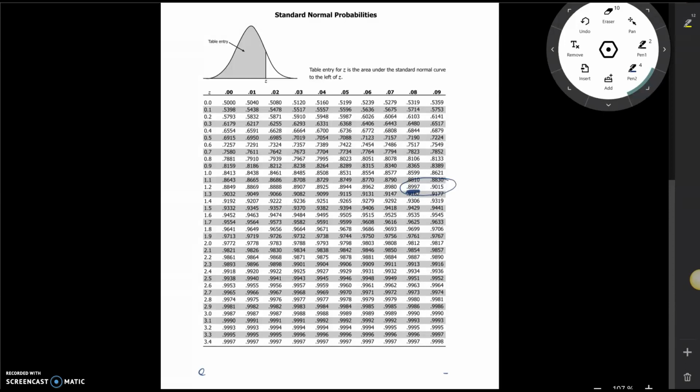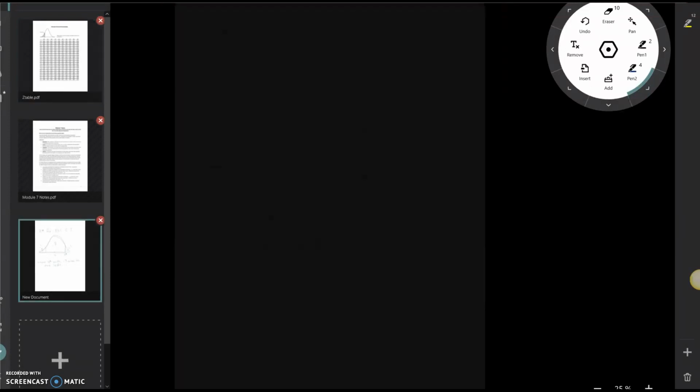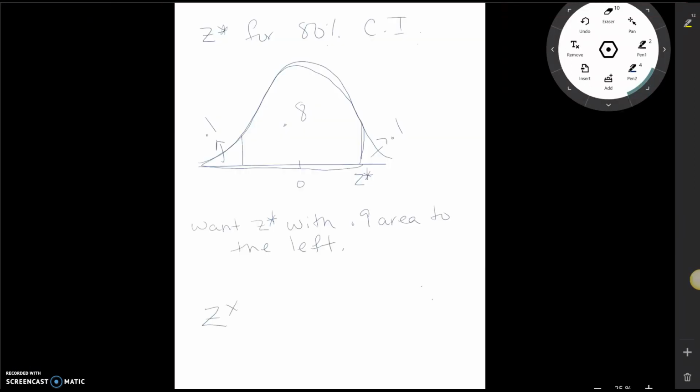So since it's not directly in the middle, we're not going to do what we did with the last one. We're just going to take this value. Notice this corresponds to a z of 1.28. So going back to here, we have z star equals 1.28 for an 80% confidence interval.